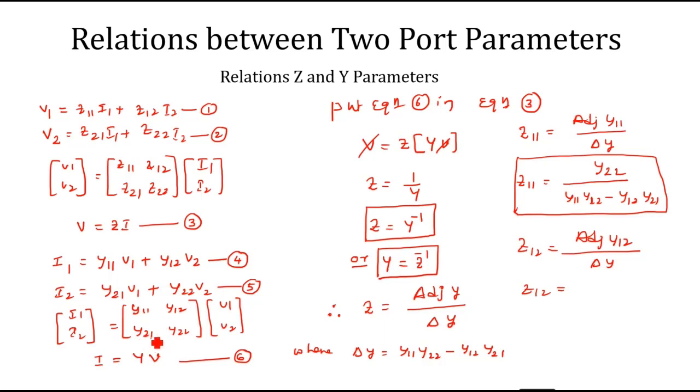What is i plus j here? 2 plus 1, it is 3. Minus 1 raised to 3 is minus 1. So it is minus Y21 divided by Y11 Y22 minus Y12 into Y21.